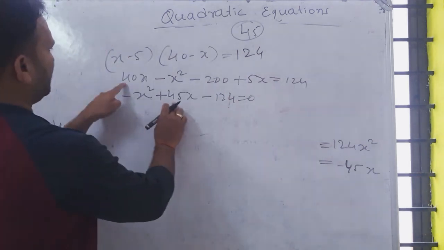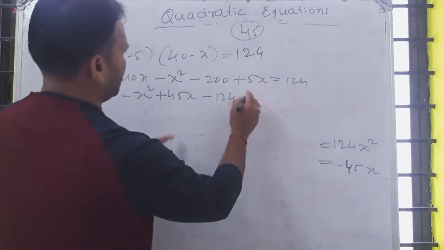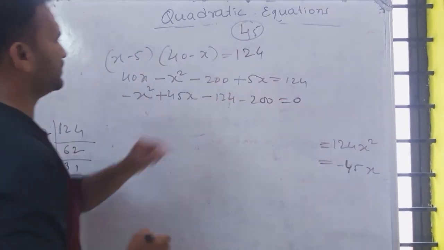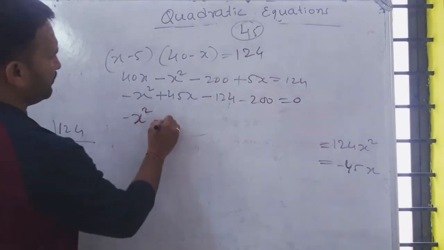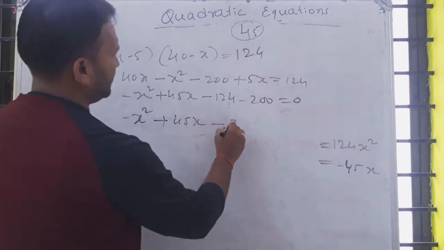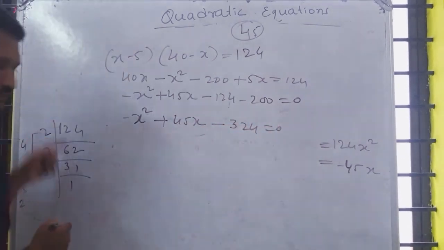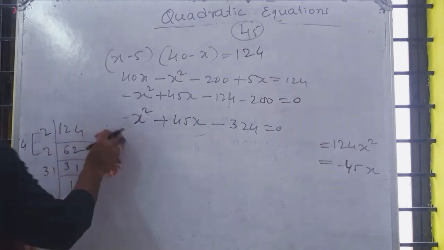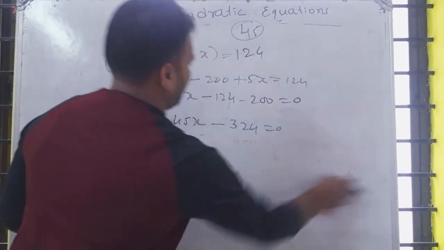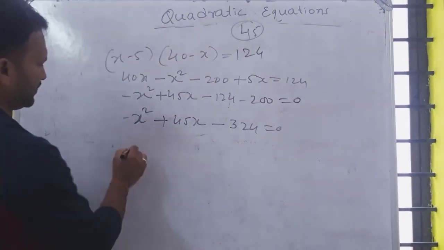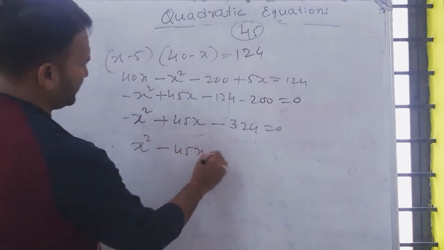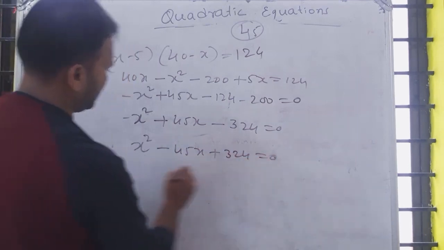We took this side, so x square plus 45x, it is minus 324. It is not 124 here, that's why it's not coming. Now remove the minus: x square minus 45x plus 324 is equal to 0.